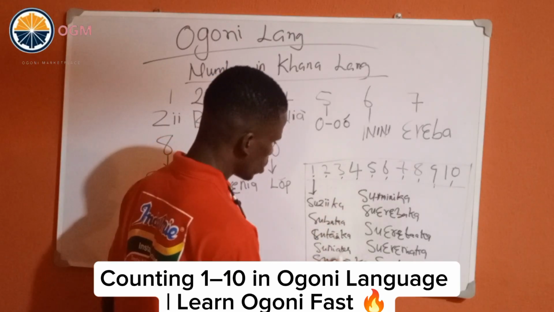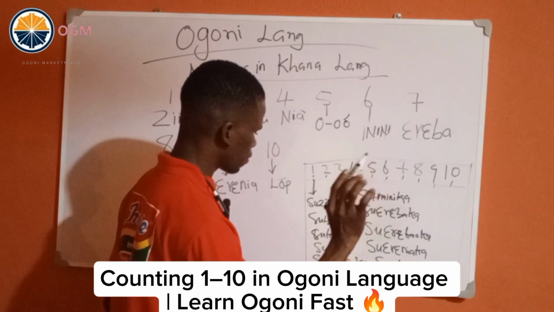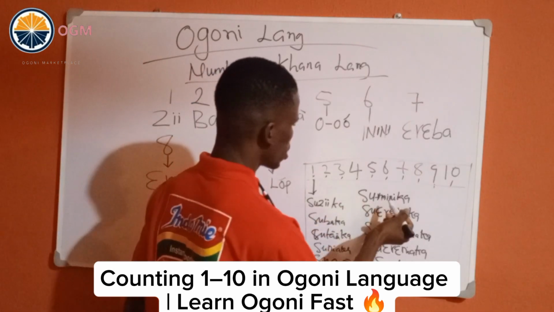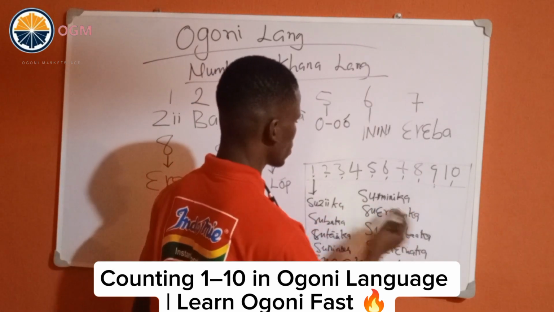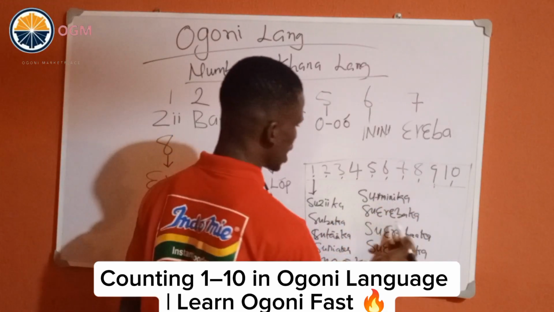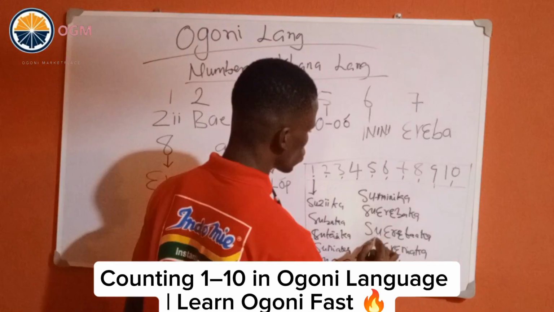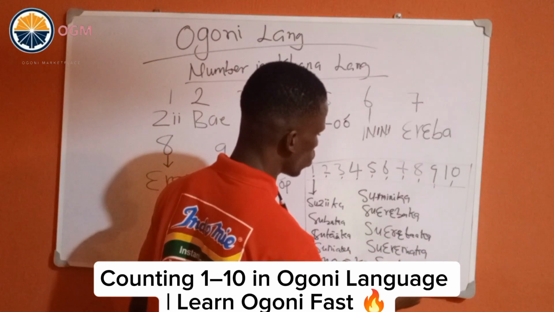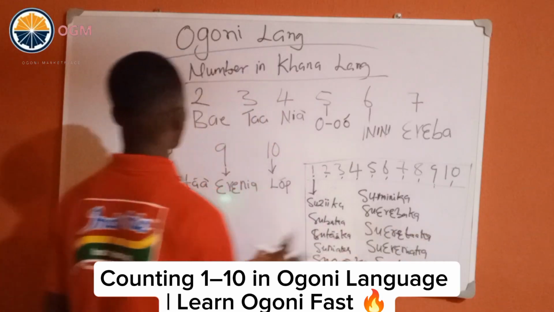If it is 4, suniaka. If it is 5, suooka. If you are giving somebody 6 items, suiniika. You are asking somebody to collect 7 items, su erebaka, su eretaka, and su ereniaka, which is collect 9. Then suluka, which is to collect 10.